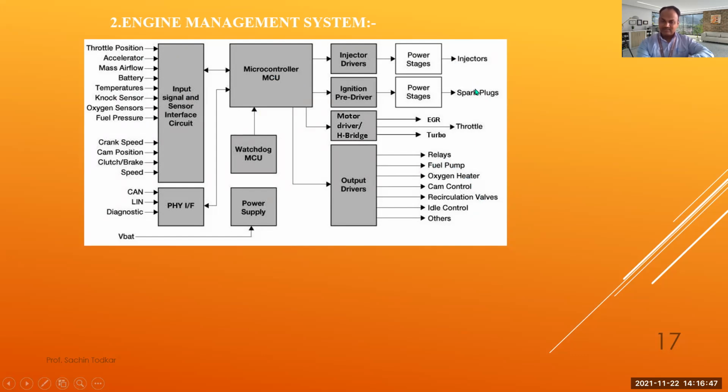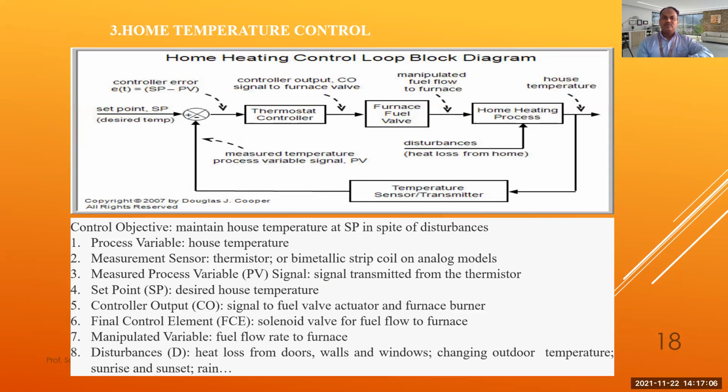Injectors, spark plugs, everywhere we use these sensors to get more accuracy, more efficiency, and ease in driving. So these are the things we are using in mechatronics for that application.